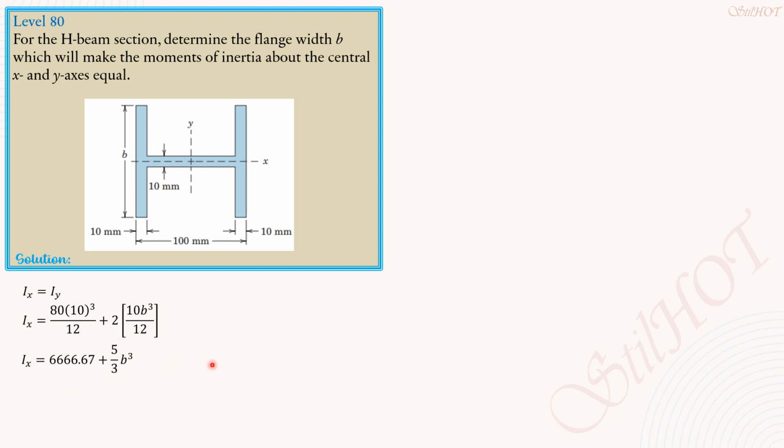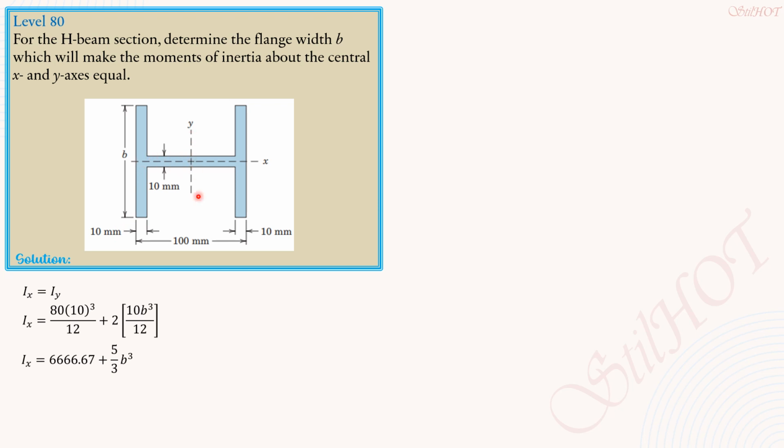Iy, on the other hand: the moment of inertia of this middle rectangle is 80 cube times 10 over 12, while for these two rectangles, we have to transfer the moment of inertia with respect to that centroidal y-axis to here. The distance of the centroid here to the y-axis is, because this is 100, half is 50, 50 minus 5, half of 10, so that's 45.